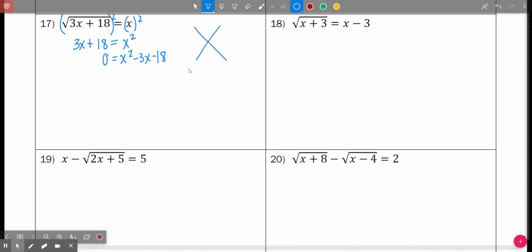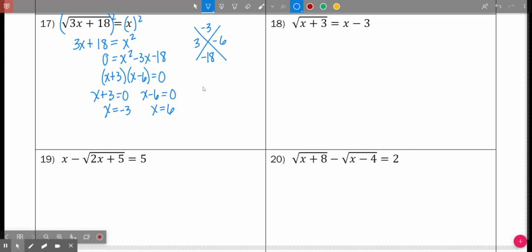I need two numbers that multiply to give me negative 18 and add to give me negative 3. So I'm going to use 3 and 6, and my 6 is negative. So this is x plus 3 times x minus 6 equals 0. I have x plus 3 equals 0, and x minus 6 equals 0. So x equals negative 3, and x equals 6.